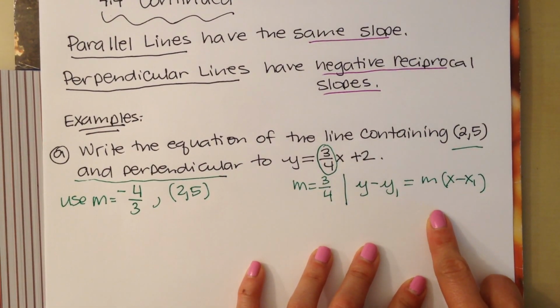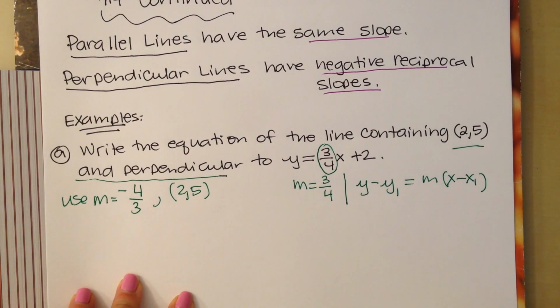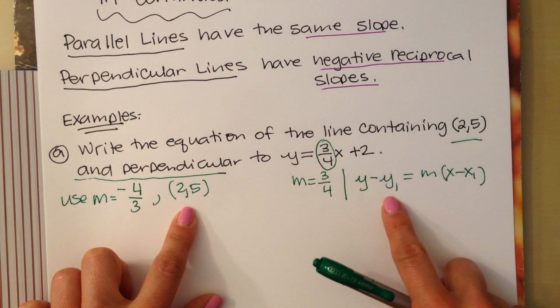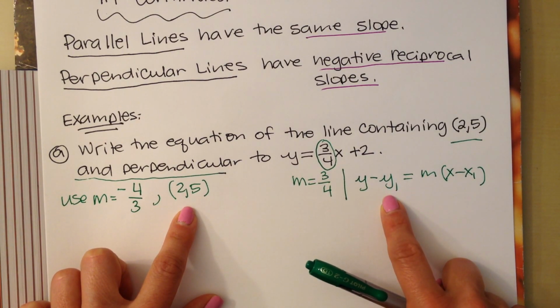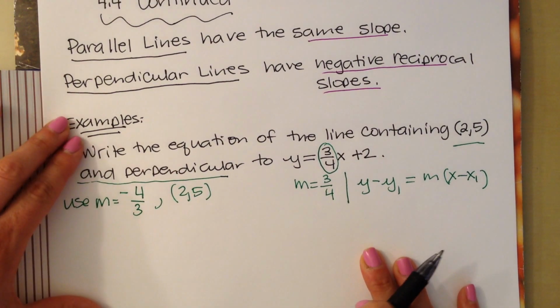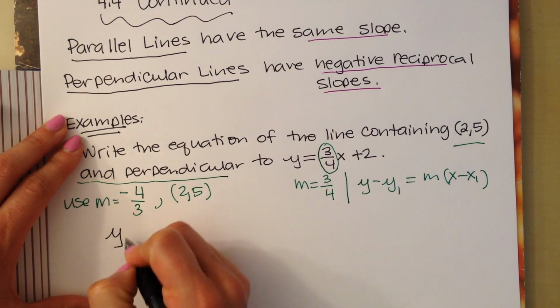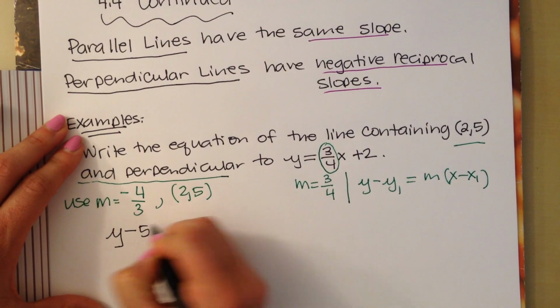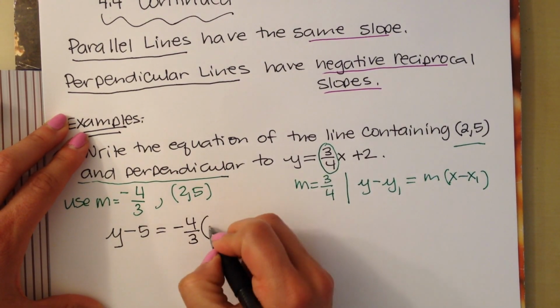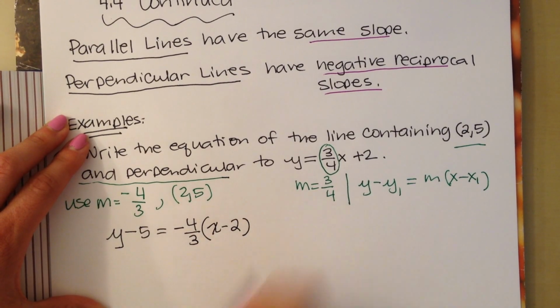So we're going to use this formula. We'll substitute the slope for m, and then 2 and 5 go in for x1, y1. Let's start. We have y minus 5 is equal to negative 4/3 times (x minus 2).